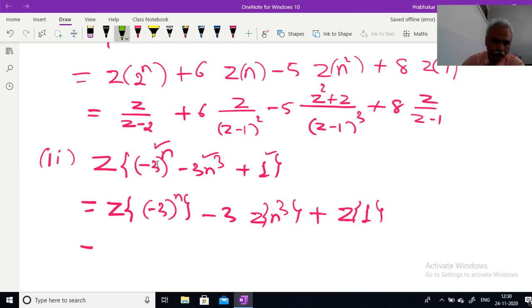So that is equal to Z by Z plus 2, because instead of plus 2 it is minus 2, then it will be plus 2. If it were plus 3 raised to n, I would have written minus 3.